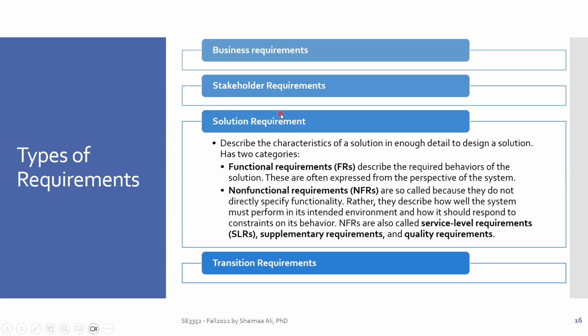Next, the solution requirements. In software engineering, we're talking about a software solution, so these are the requirements related to the solution itself, and they have two categories. There are the functional requirements, which describe how the system is going to be used within the solution. They describe behaviors or actions to be done on the system.